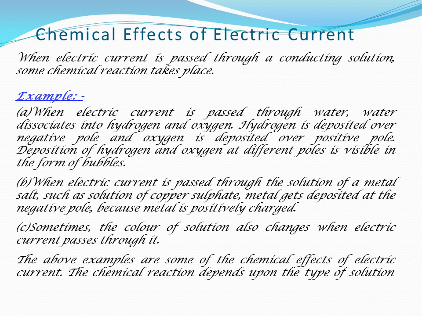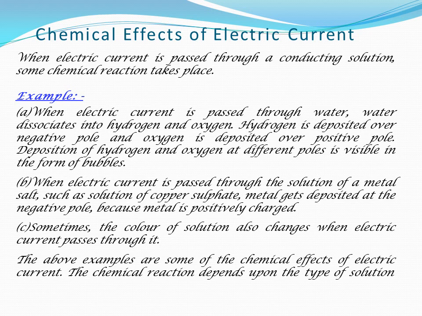Hydrogen is deposited over the negative pole and oxygen is deposited over the positive pole, so hydrogen and oxygen will be separated. The deposition of hydrogen and oxygen at different poles is visible in the form of bubbles. That experiment we will talk about in our next slides.